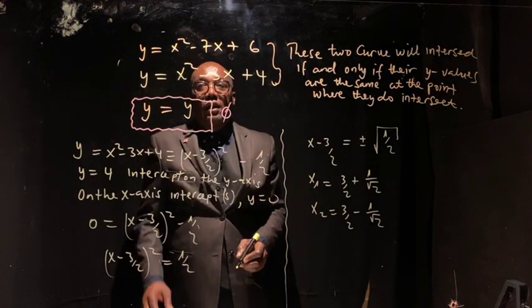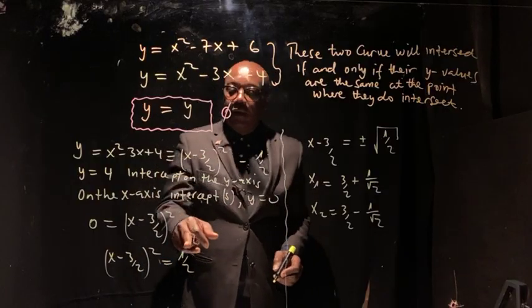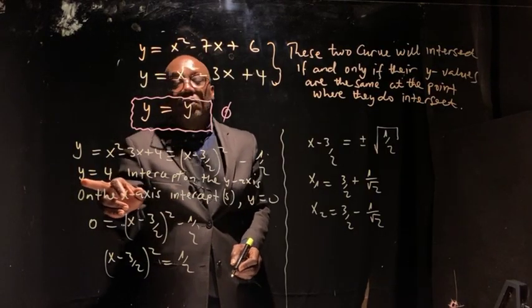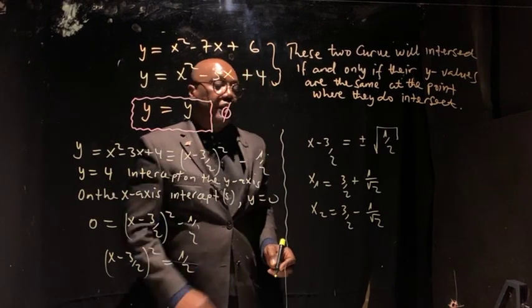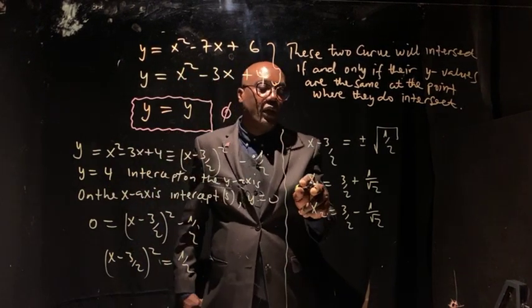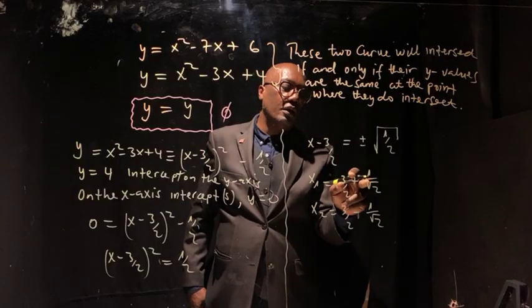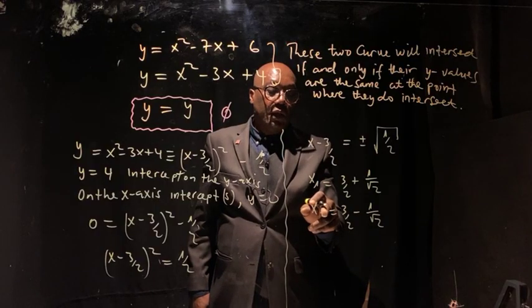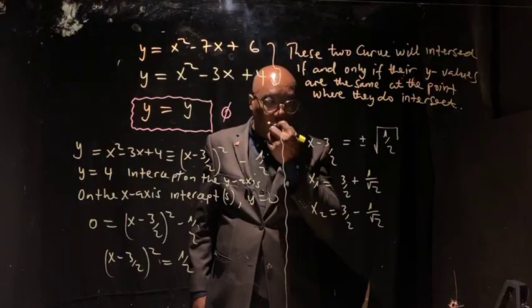So you can see that for this curve, it will cross the y-axis where y equals 4, and it will cross the x-axis where x1 equals 3 over 2 plus 1 over root 2, and x2 equals 3 over 2 minus 1 over root 2.